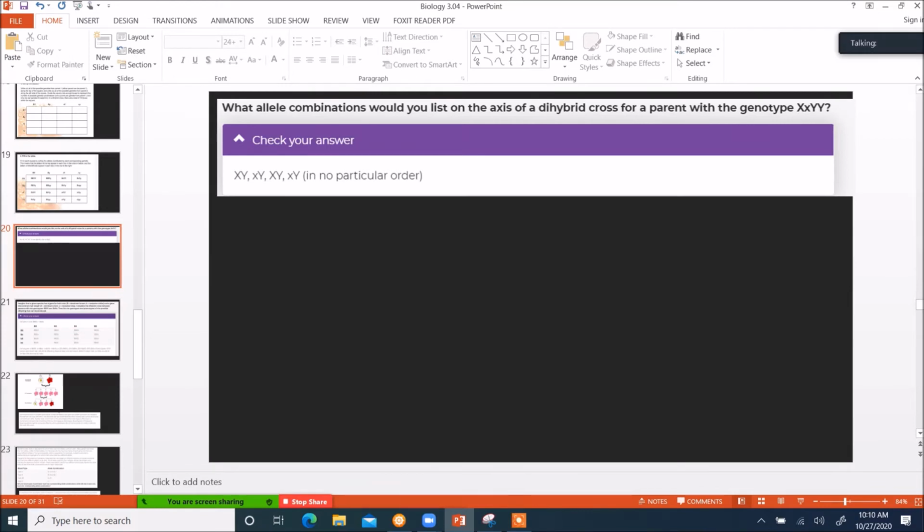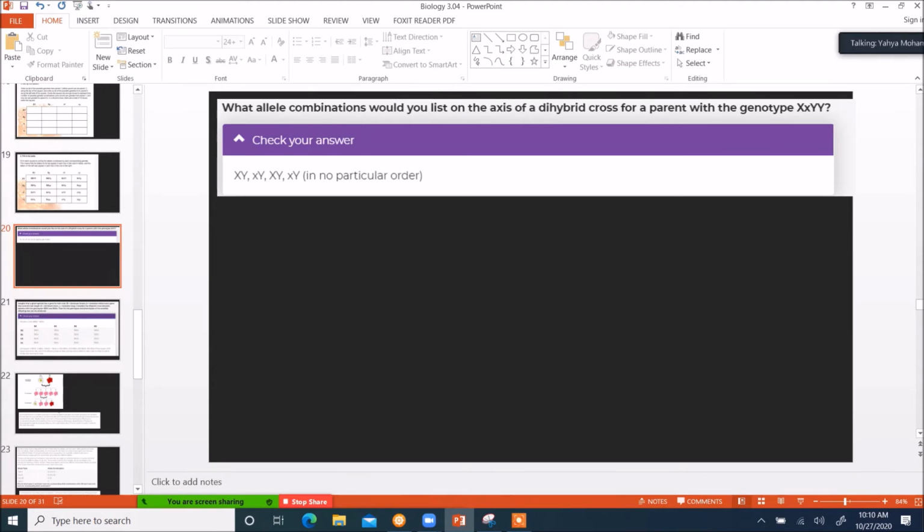However, from the X's over here, with each Y, you could either put a capital X or a lowercase x. So what are the different combinations? These are the different combinations that are possible. So you could have capital X, capital Y, or lowercase x, capital Y.